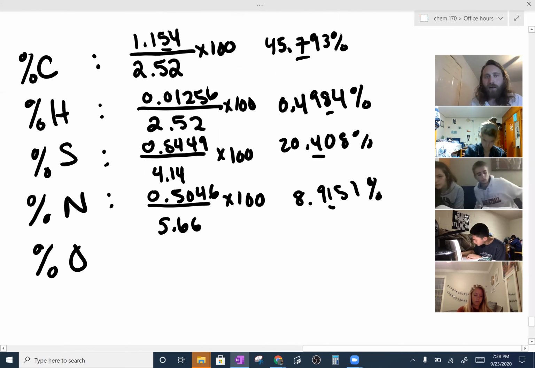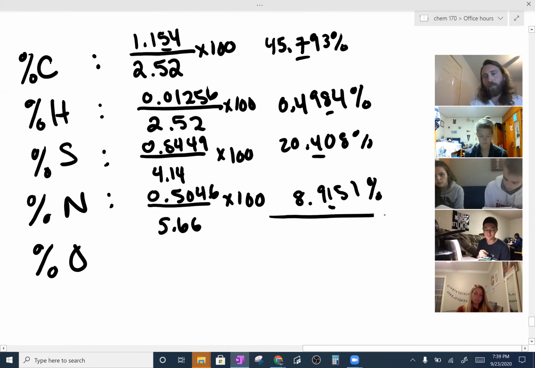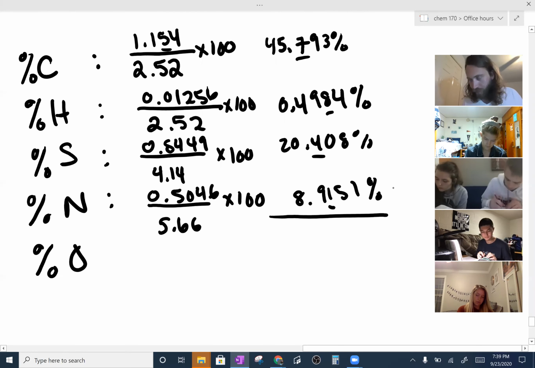Okay, now we can figure out the percentage of oxygen just by subtracting from 100. So we have all of these amounts here. Let's just add them up real quick. This would be 45.793 plus 0.4984 plus 20.408 plus 8.9151.